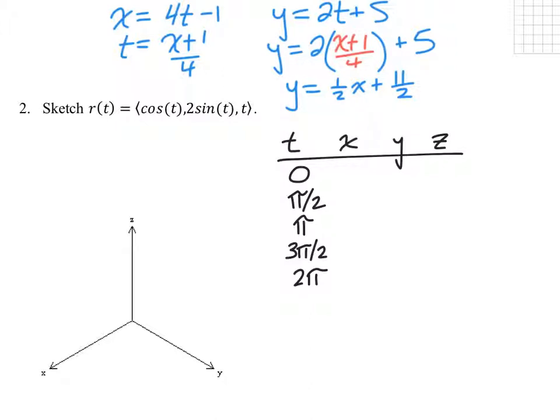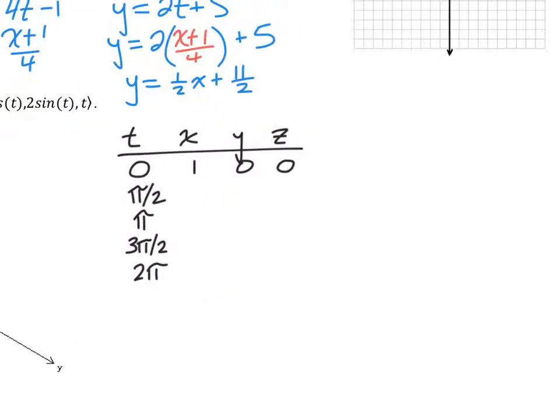Cosine of 0 is what? 1. Sine of 0? 0. So 1, 0, 0. You might be tempted to plot that because that's an easy one to plot, but I would hold off on that for a couple of seconds just to see how the other ones shake out. Because if you create a bad scale to start, you may pay the price the rest of the way.